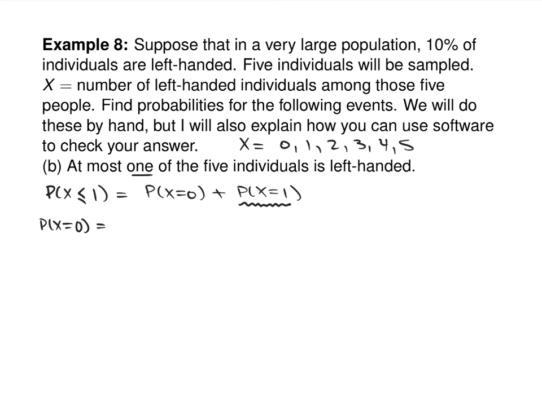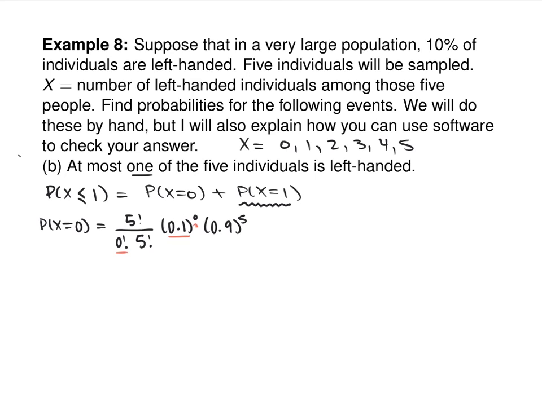So remember, we have n factorial, which is 5, over k factorial, which in this case is 0, factorial. N minus k, 5 minus 0 is still 5. 0.1 to the 0 times 0.9 to the 5th. So a couple things you have to believe first. 0 factorial is 1.